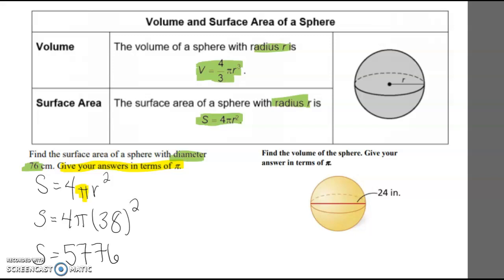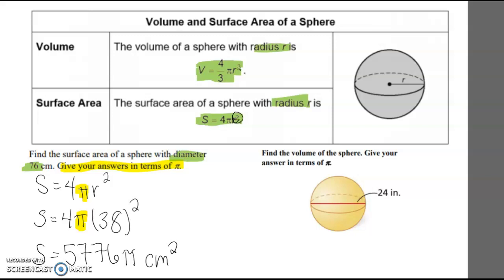And remember, we're keeping it in terms of pi, and since I didn't do anything with that pi, we're going to stick it right at the end. 5,776 pi centimeters squared. When I'm talking about surface area, my surface area is going to be in units squared. Volume will be in units cubed.